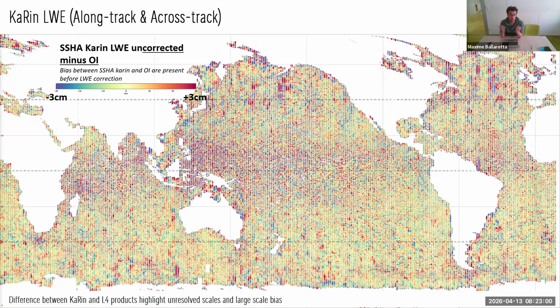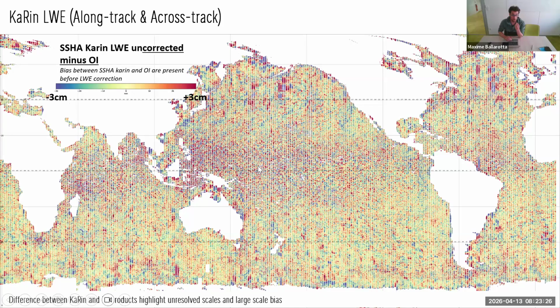From this picture, you can see the differences at various scales. You have large scale biases that are seen and that come mainly from the level 3 Karin dataset, illustrated for example here in the North Pacific, North Atlantic, and in coastal regions.